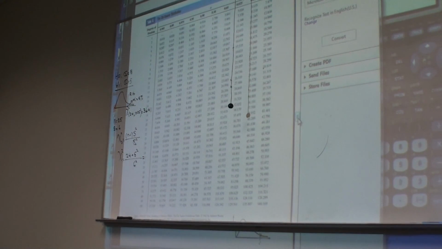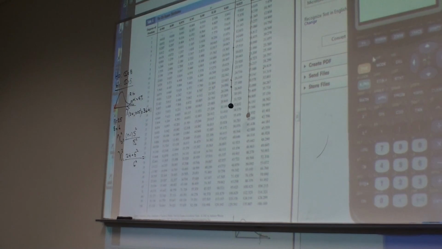Let's do that operation using the calculator. So we have 24 times 5 squared divided by 6 squared. That's 16.6.